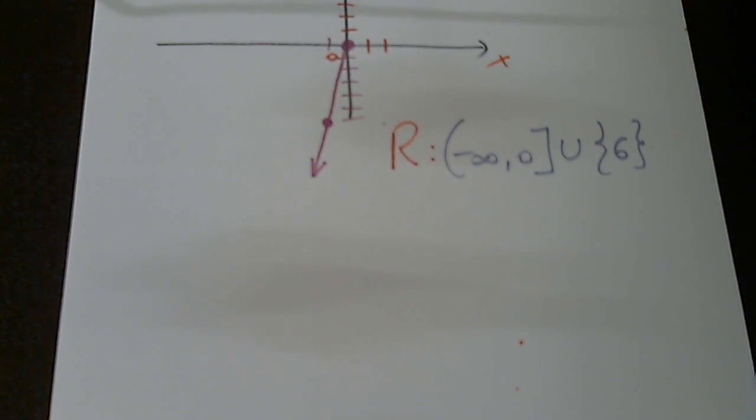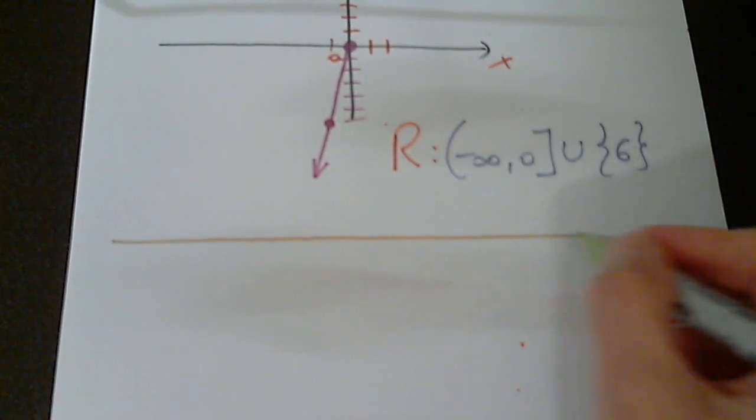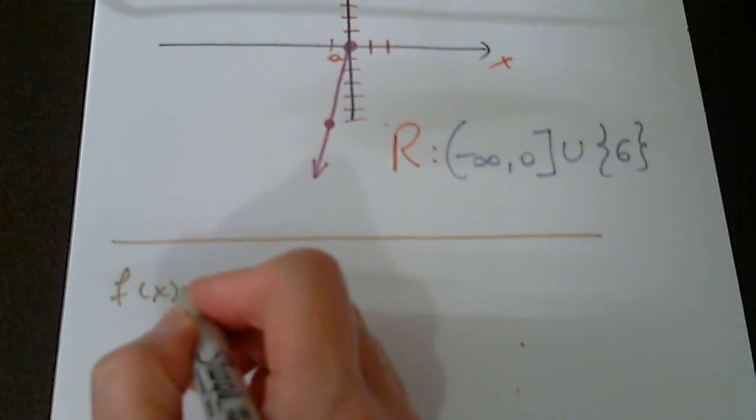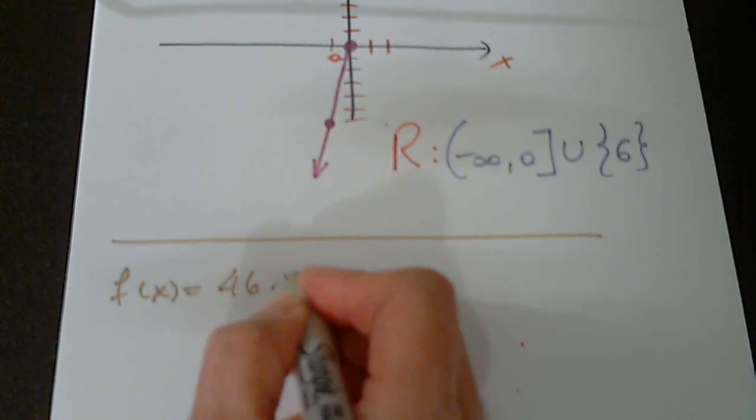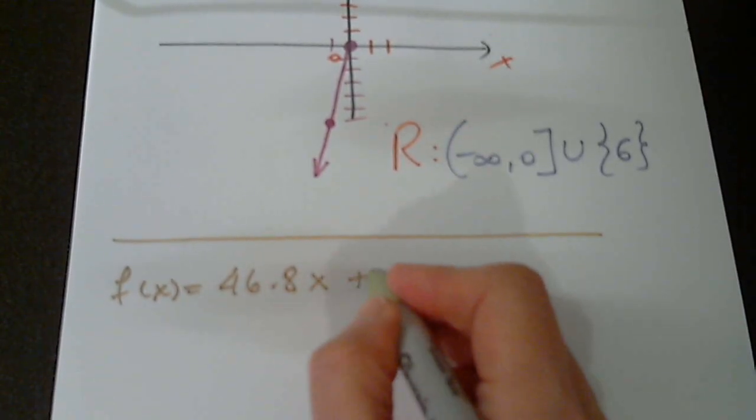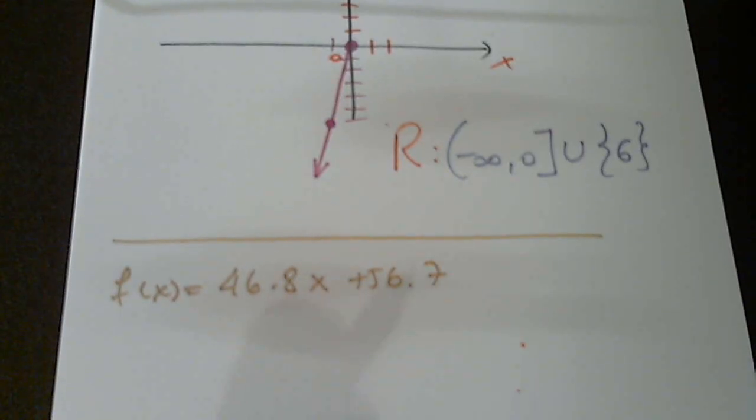So maybe we should work on these word problems. Okay, let's take a look. Let's work on 32. The linear function, I'm going to copy it: f of x equals 46.8x plus 56.7 models the number of smartphones sold in some country, f of x in millions.